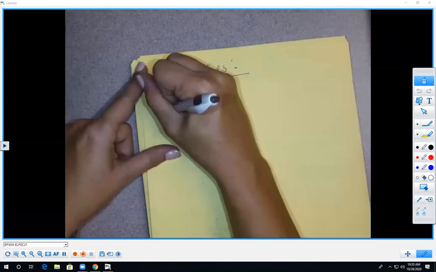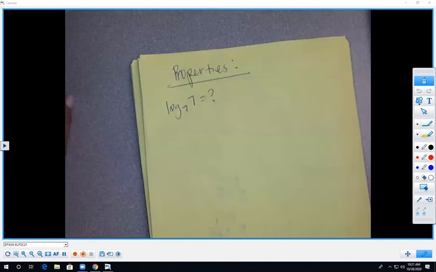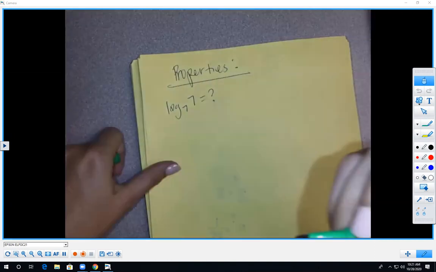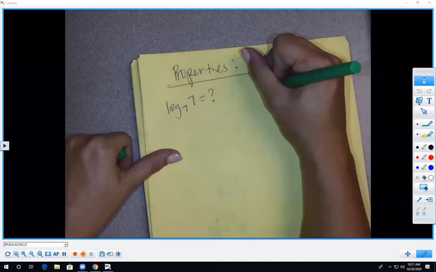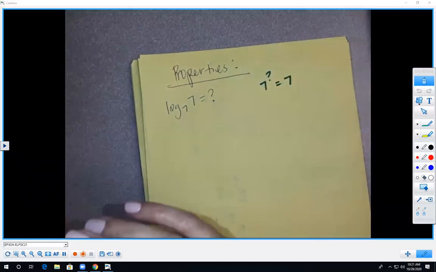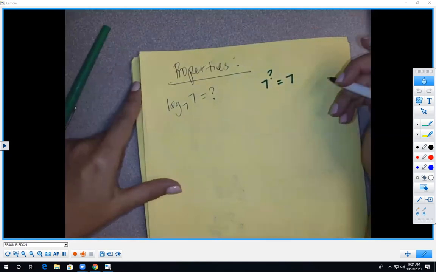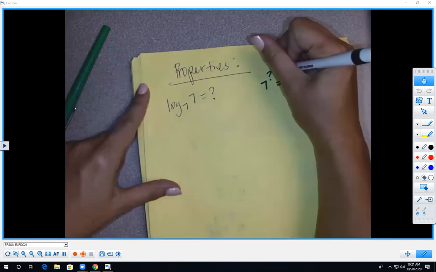If I had log base 7 of 7, and I'm trying to figure out what that is. If I switched forms, that says 7 to what power equals 7? 7 to the 1st power, okay?